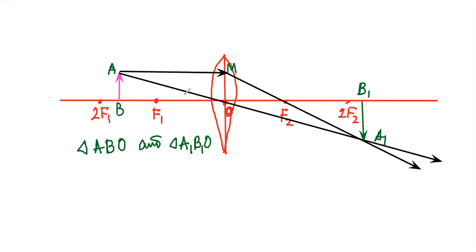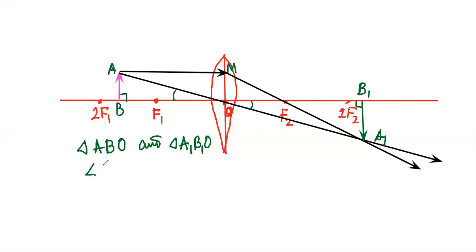These two triangles are similar. How do we know? Angle ABO is equal to angle A1B1O, both 90 degrees. Angle AOB is equal to angle A1OB1, since they are vertically opposite.